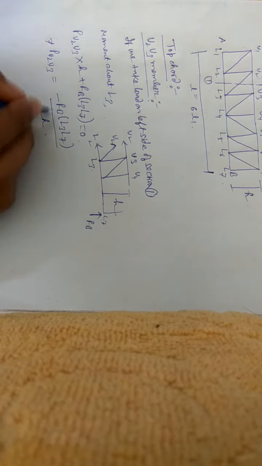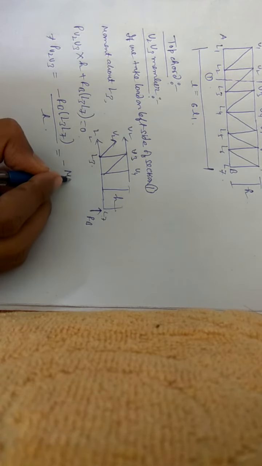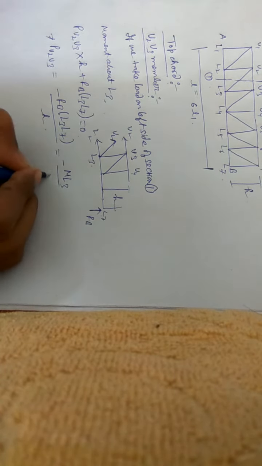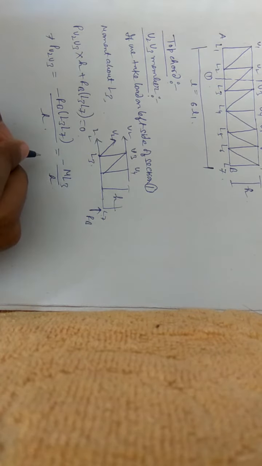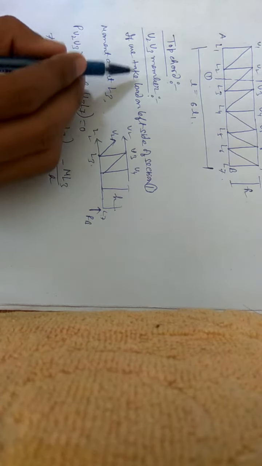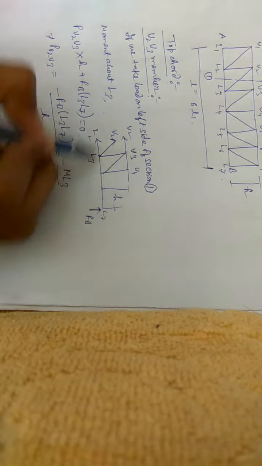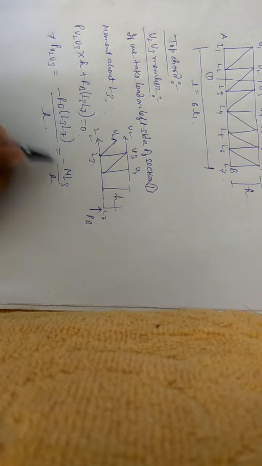What is RB into L3? This is the moment, no? Moment at L3, yes or no? Moment at L3 by h. So if you consider the load on the left side and take the section on the right side, we get the member force P U2 U3 as minus M L3 by h.